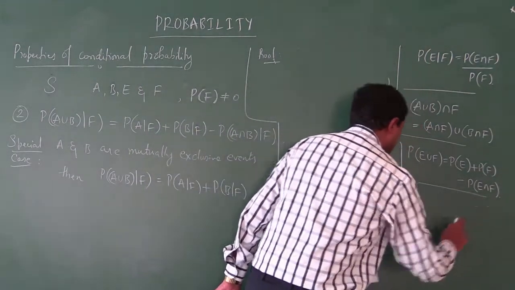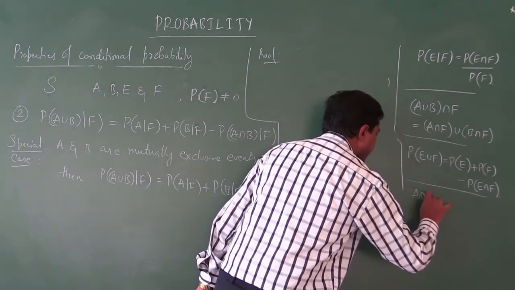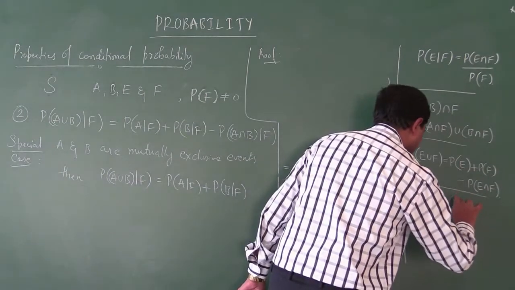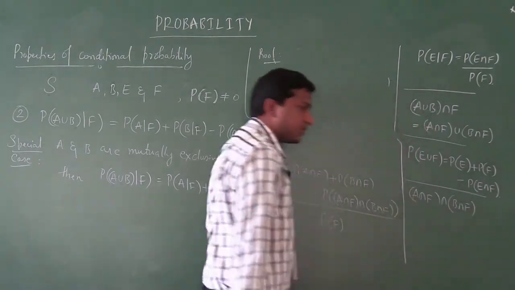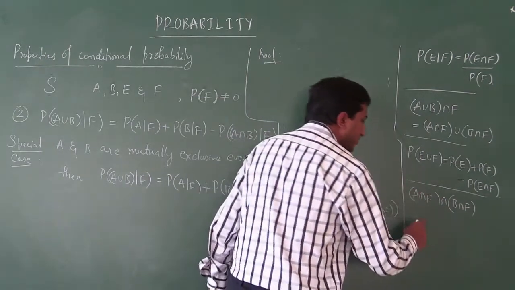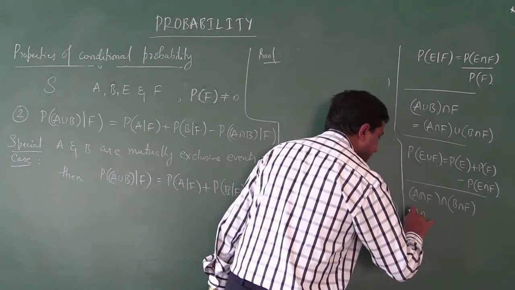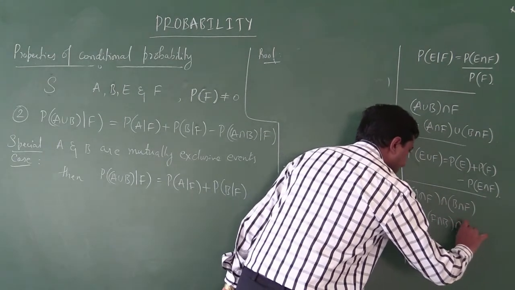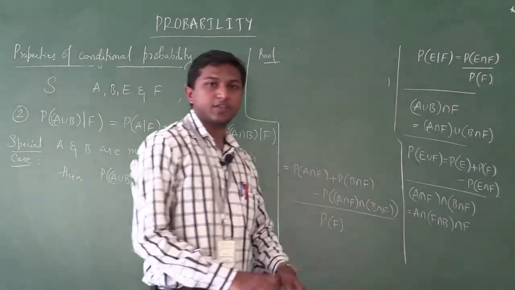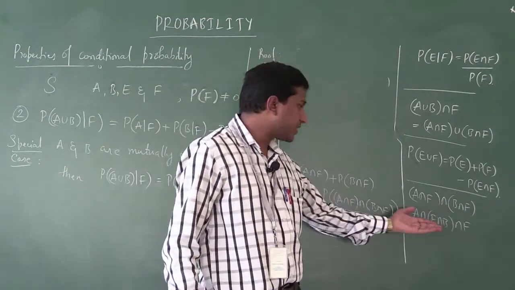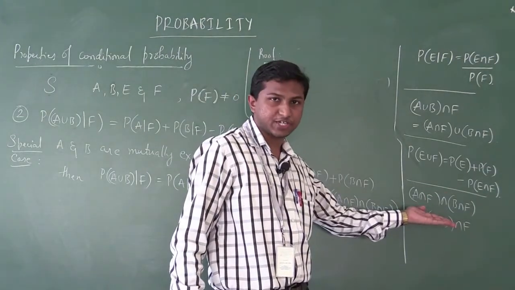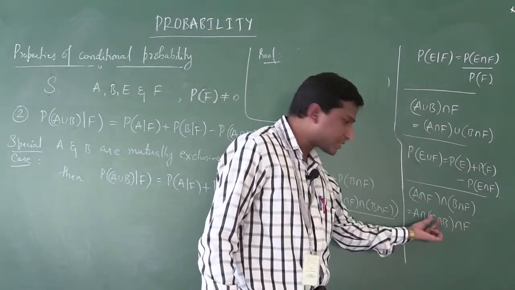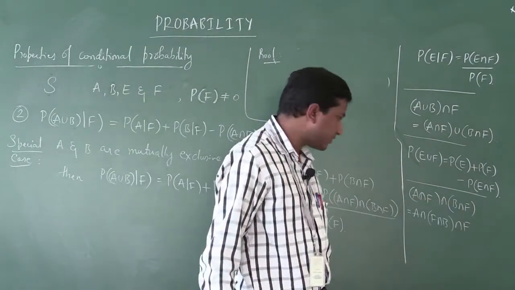We have A intersection F intersection B intersection F. I can write this as A intersection F intersection B intersection F. This follows from the associative law of intersection of sets. I have removed the brackets and I have used brackets for F intersection B.